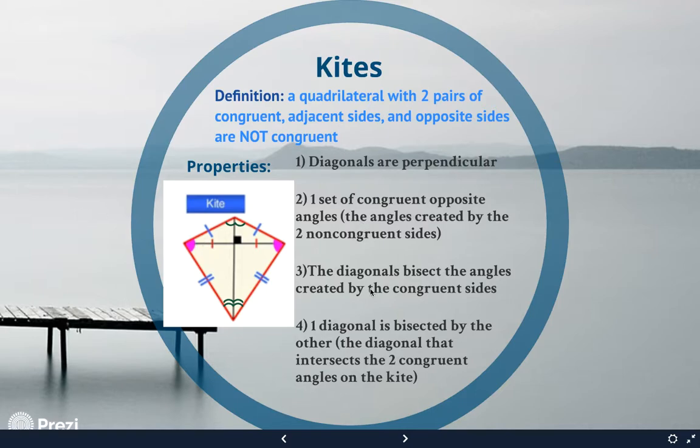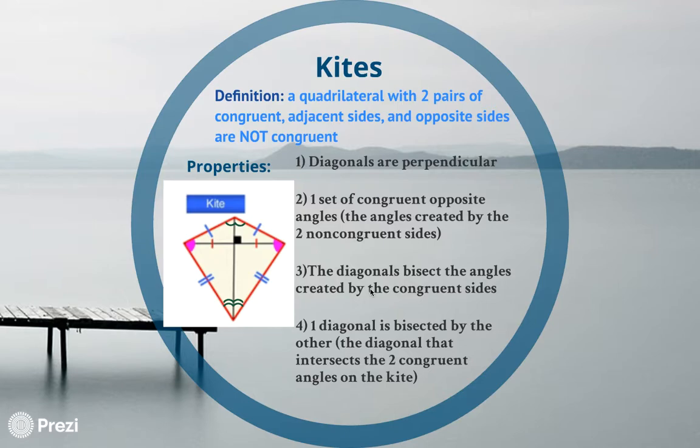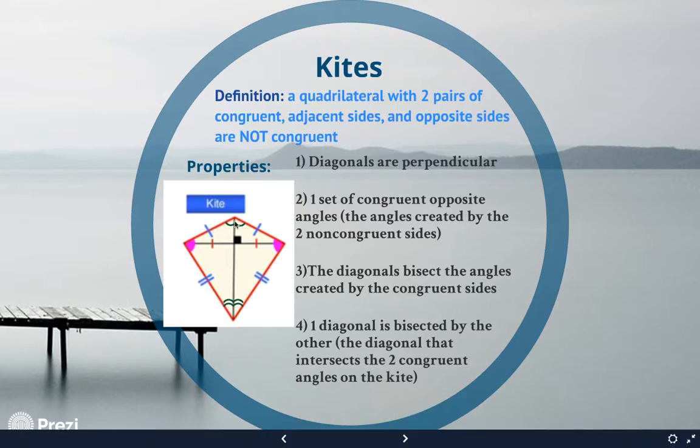Alright, the third property: the diagonals bisect the angles created by the congruent sides. So the two sides that are congruent, the angle that they form, when the diagonal hits it, it cuts it in half and makes two congruent angles. So these two are congruent and these two are congruent. So usually the way I remember, the two angles that are congruent are not bisected.